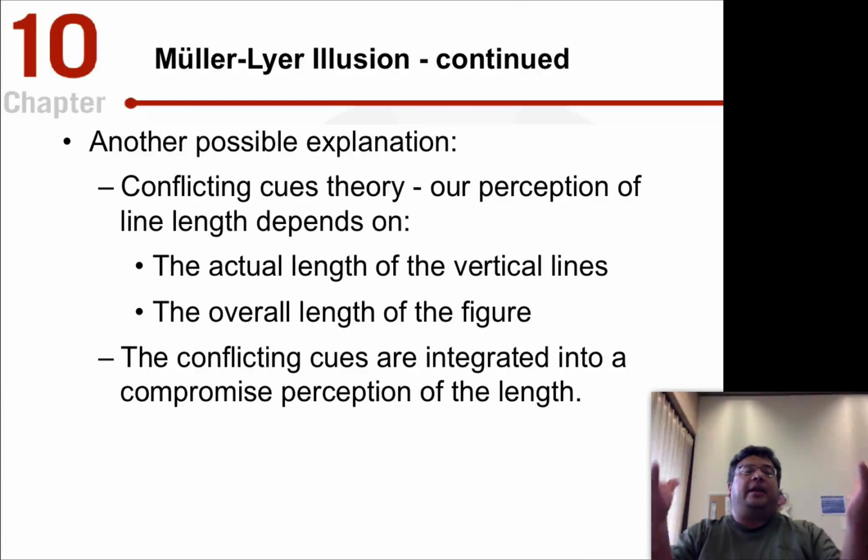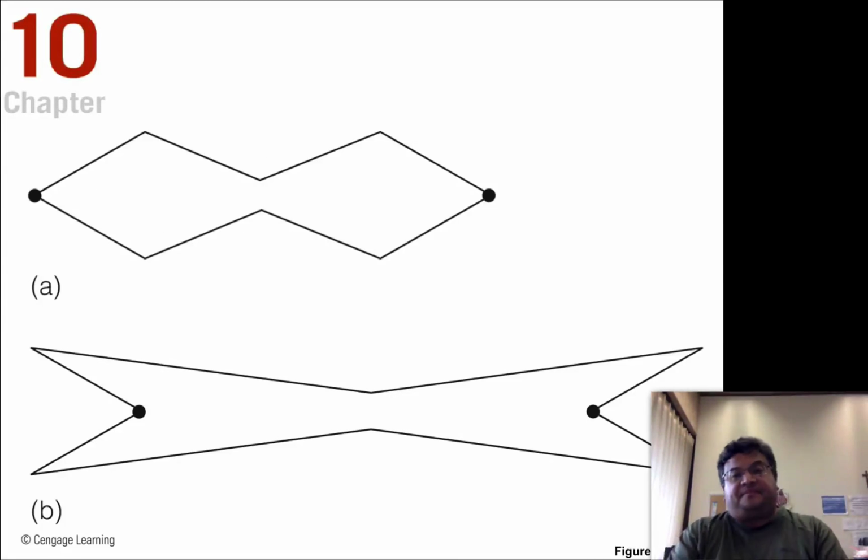So we take all of that into account and we compute, okay, it looks the same, but the whole thing makes it look like it's different. So the conflicting cues get resolved somehow by making us perceive that one line or one distance is greater than the other, when in fact they're not.